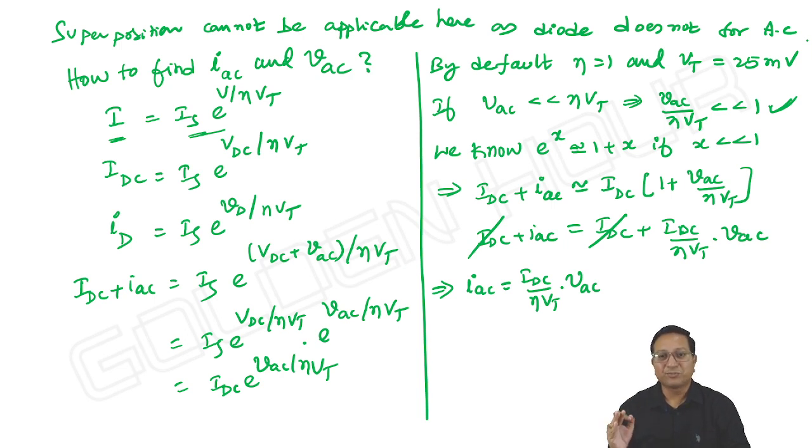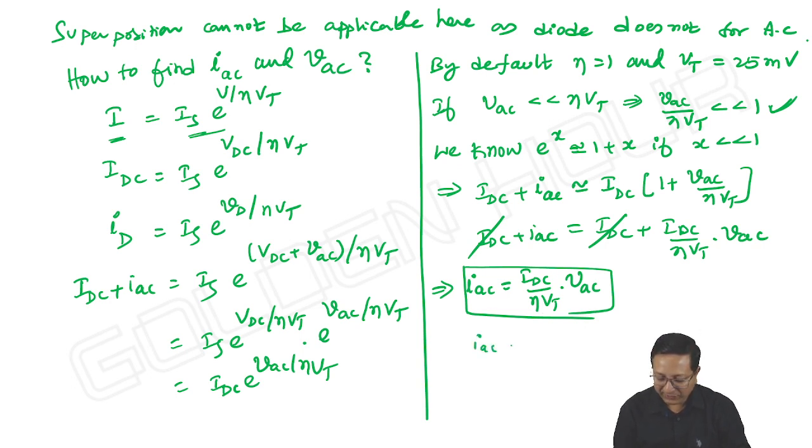That is true if and only if VAC is far less than eta Vt, or VAC by eta Vt is far less than 1. Then only this approximation is possible. Otherwise, we can't. It is now further written like IAC is equal to 1 by RF into VAC.